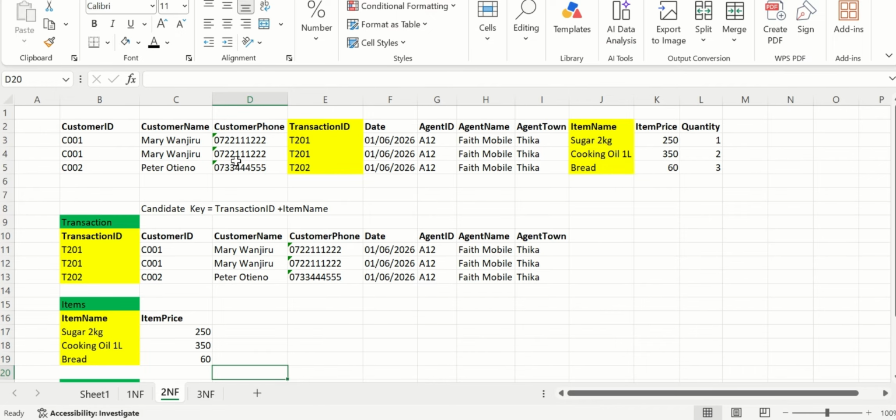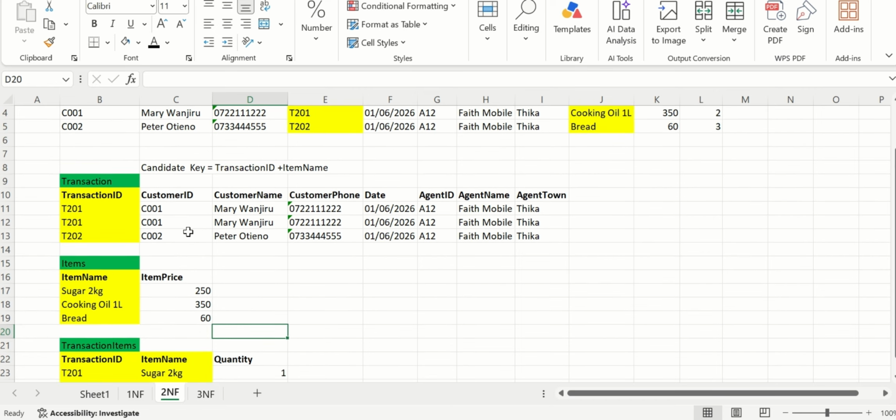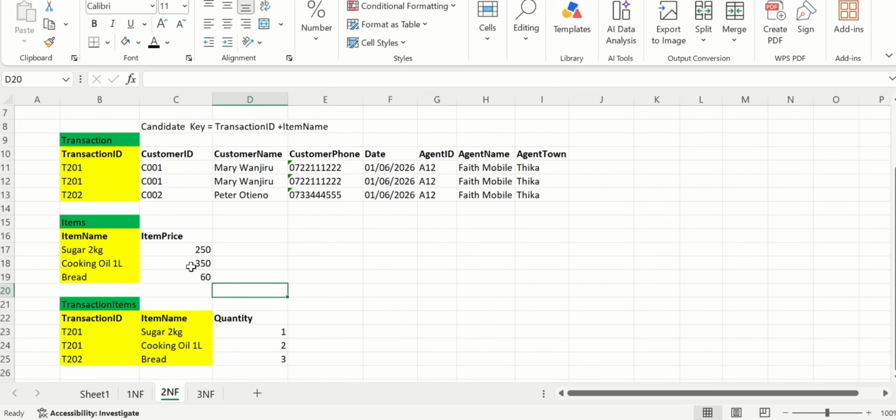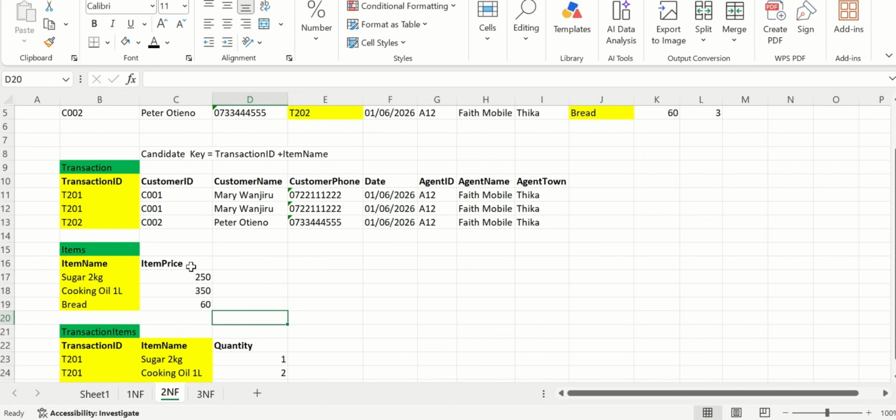Some of them depend on transaction ID, some depend on item name, and some depend on both. So you eventually end up having these three tables. So we are done with the second normal form. Now let's move to the third normal form.